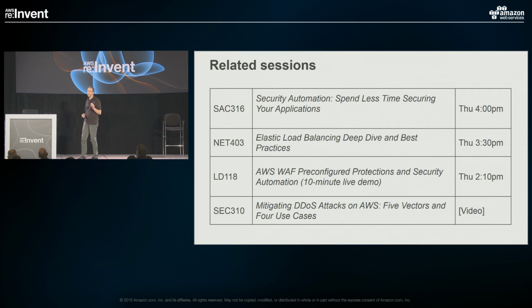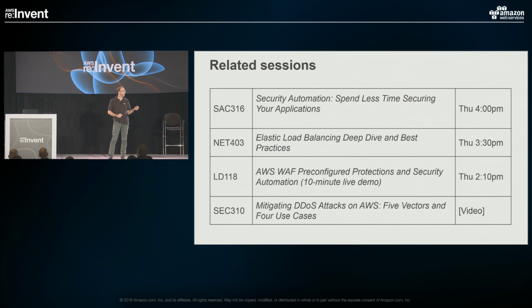If you'd like to learn even more, there are some related sessions that I recommend you attend. One of them is SAC322. This is about security automations, essentially using automations around AWS WAF to better secure your applications. In that session, you can learn more about WAF availability on Application Load Balancer.